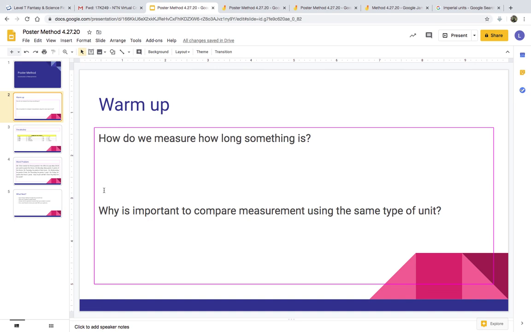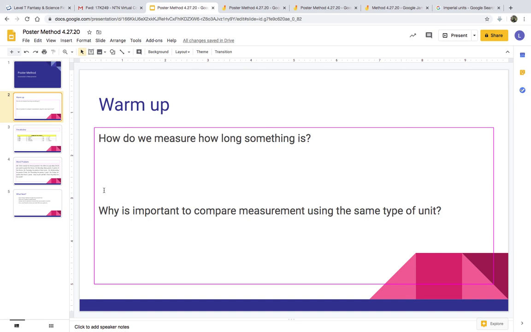Now, my next question is, why is it important to compare measurements using the same type of units? So why do you think that we need to compare the measurement of something and it needs to be the same type of units? Pause it here and think about it.